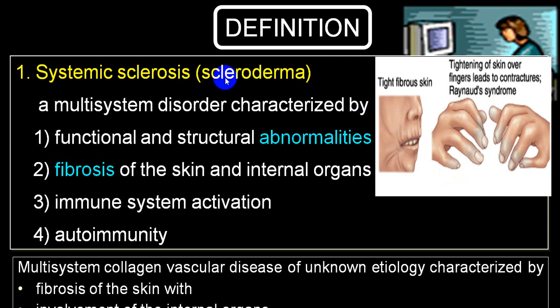So it was a case of scleroderma, we call systemic sclerosis. We'll be discussing the different varieties which you come across. It is a multi-system collagen vascular disorder, meaning it involves collagen tissue as well as the blood vessels, of unknown etiology, an autoimmune variety characterized by fibrosis of the skin and involvement of internal organs.